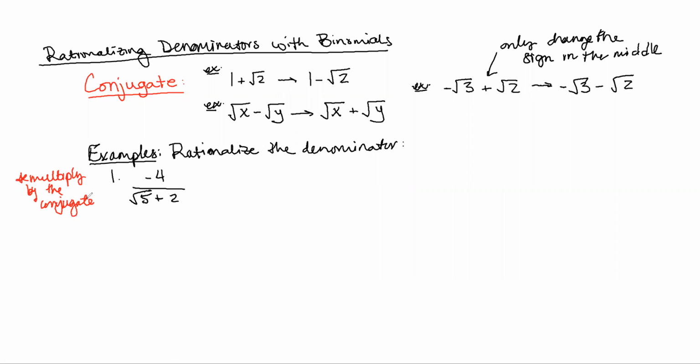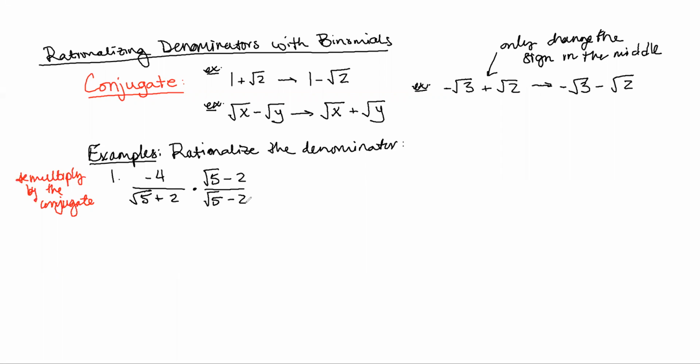And just like before, when we multiply something, we don't want to change the value, so we're going to multiply it by a fancy form of 1. The conjugate of our denominator is the square root of 5 minus 2. We're going to do that on the top and on the bottom.